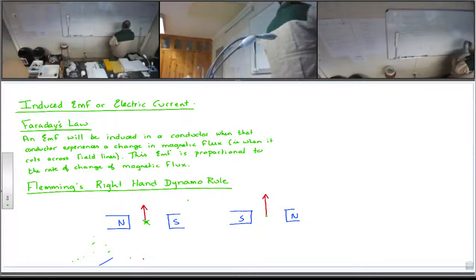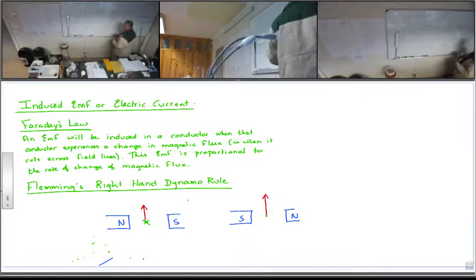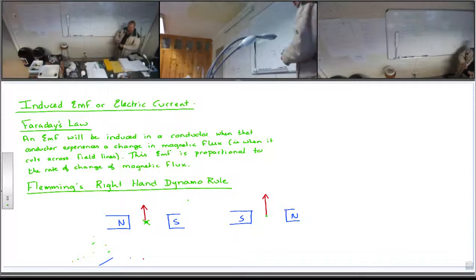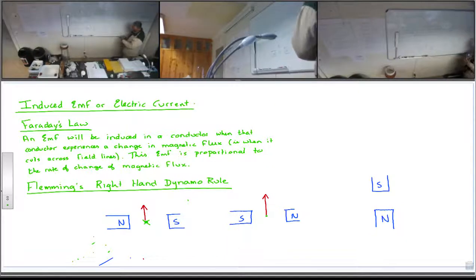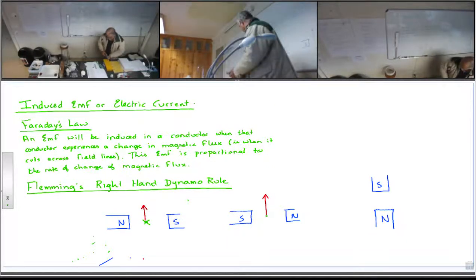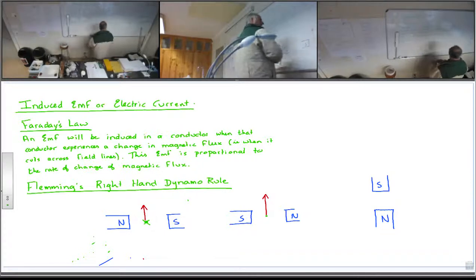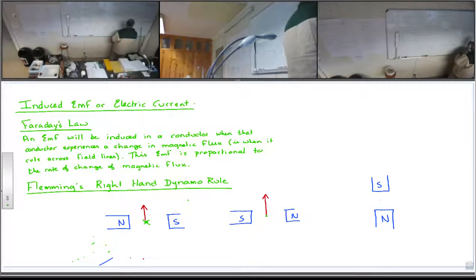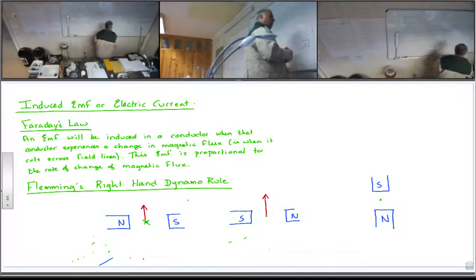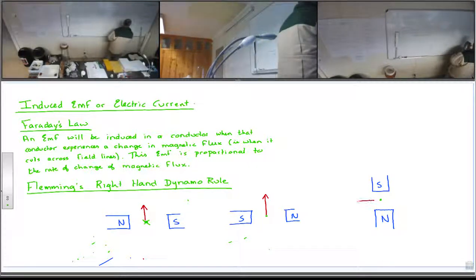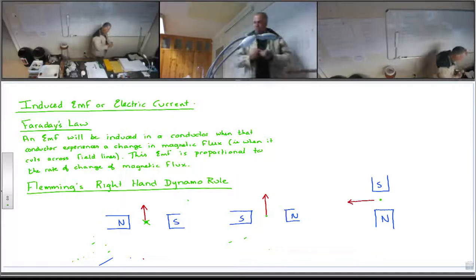So why do we even have the vector? Because that's for the motor. So that Dynamo. Right, there we are.